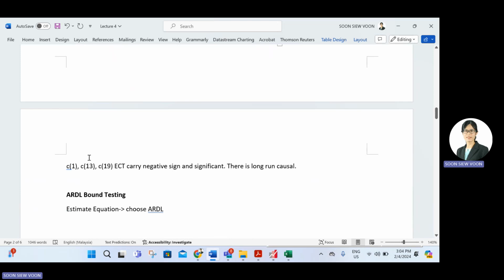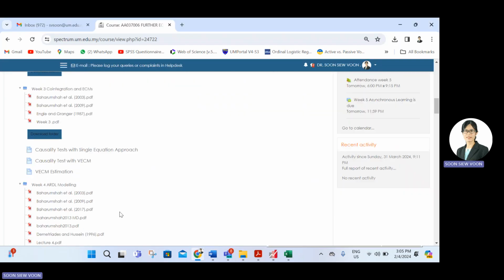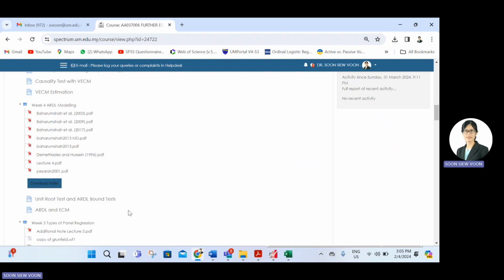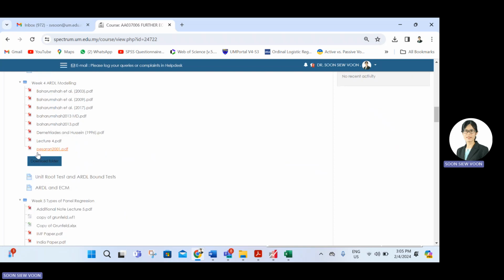So now, how about the ARDL bounds test? If you go through our journal articles, this is a test proposed by Pesaran 2001. You can go through this Pesaran 2001 and try to understand what is meant by the bounds test, right?